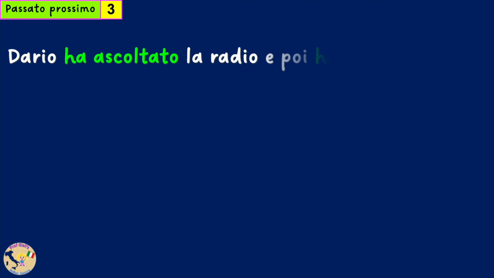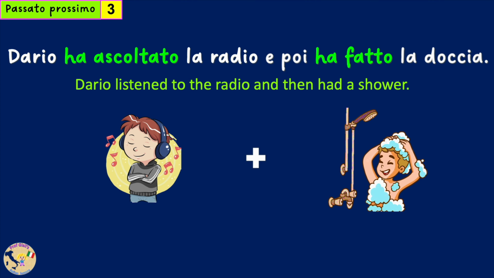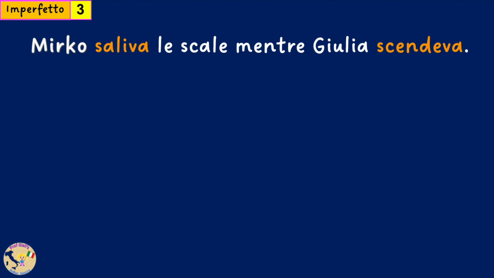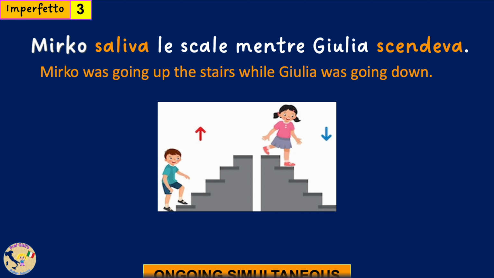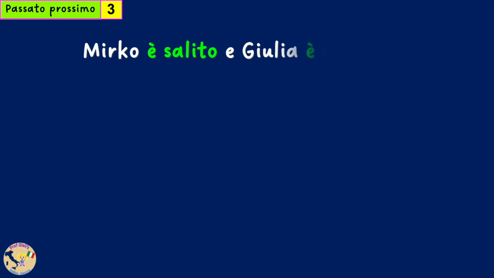Passato prossimo. Dario ha ascoltato la radio e poi ha fatto la doccia. Imperfetto. Mirko saliva le scale mentre Giulia scendeva. Passato prossimo. Mirko è salito e Giulia è scesa.